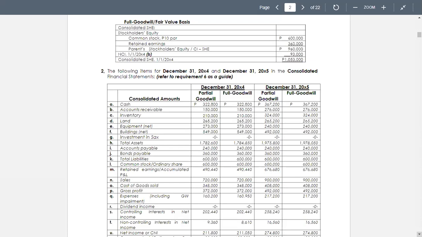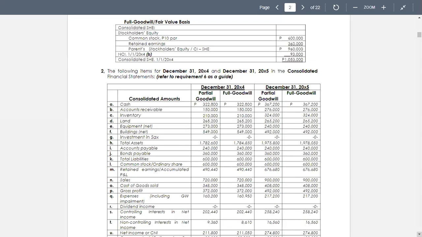Now, with regards to the buildings on December 31, 20x4, we are adding 720,000, that of Pascal. Then we add 540,000, that of SACS. And we deduct accumulated depreciation. You can find this among the credits. You deduct accumulated depreciation, 405,000, and deduct that of SACS, 288,000.